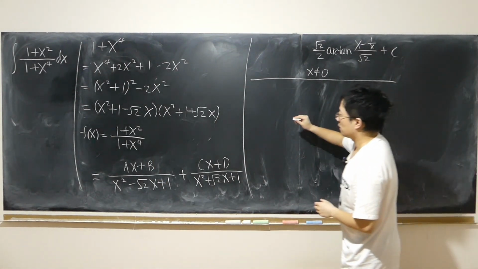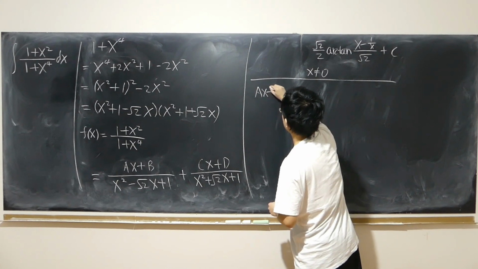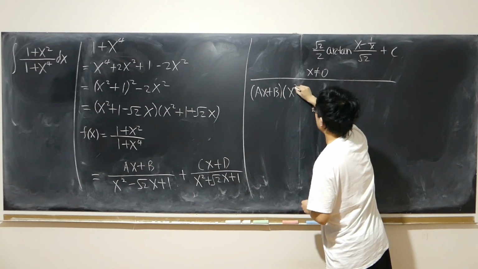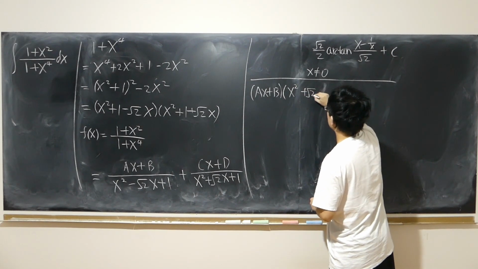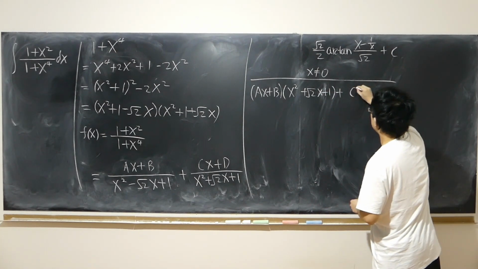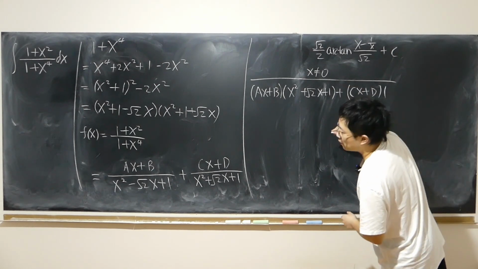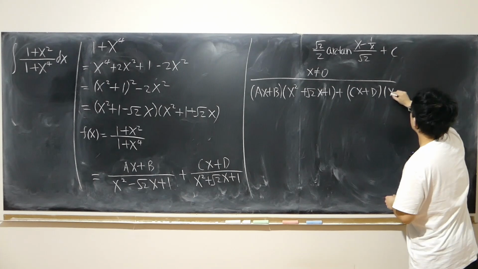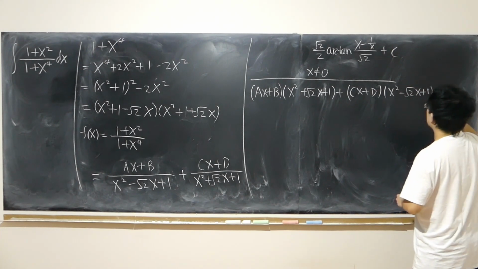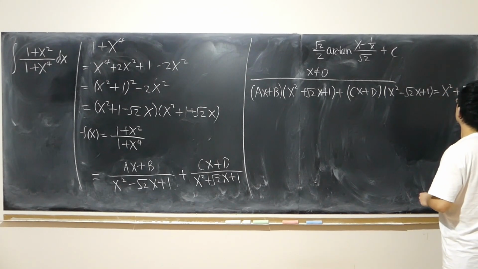In other words, ax plus b times x squared plus square root of 2x plus 1, plus cx plus d times x squared minus square root of 2x plus 1, has to equal x squared plus 1.